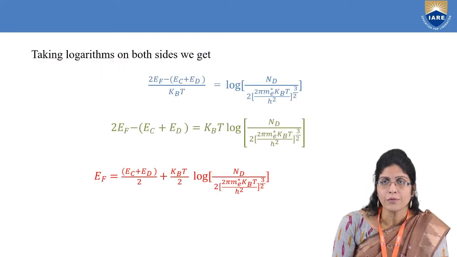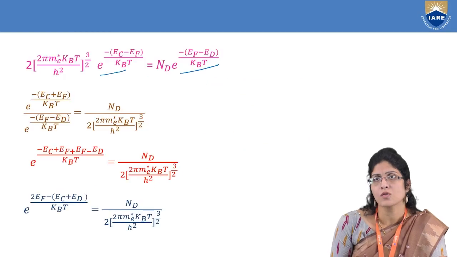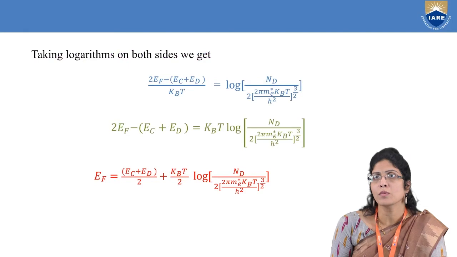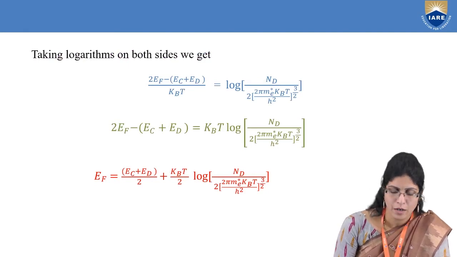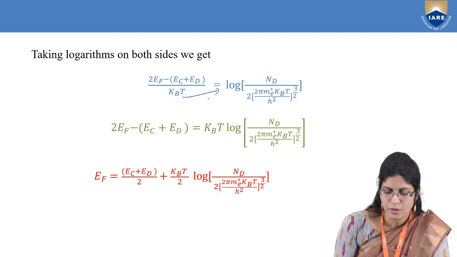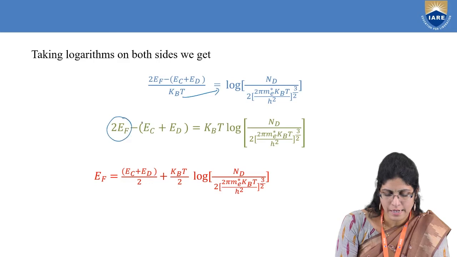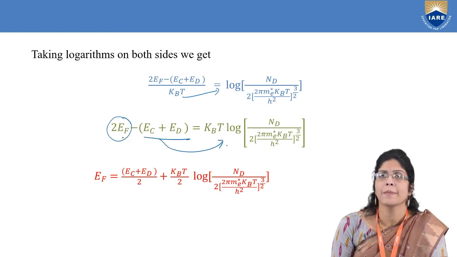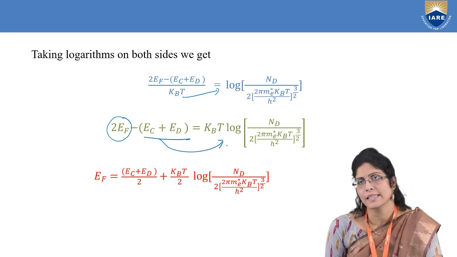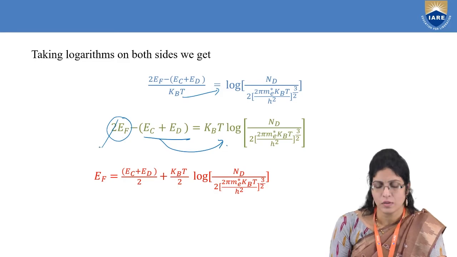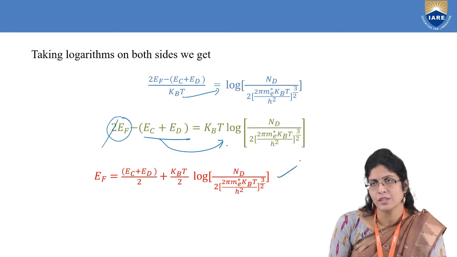Here there is E, so to get rid of E, you have to take the logarithm on both sides, and after taking the log, bring this kBT to the other side. Then you slowly send this EC plus ED to this side, and you get EF by dividing by 2 on either side, so that the 2 will be cancelled here. So it's a very simple calculation till now.